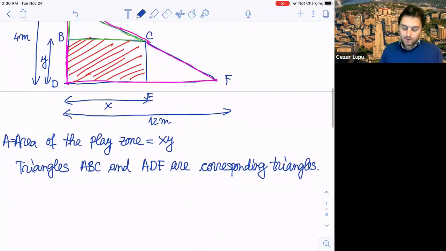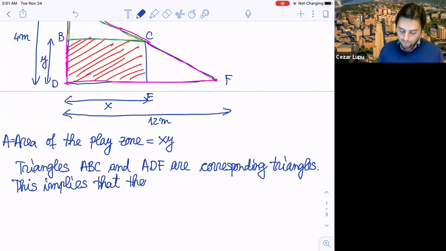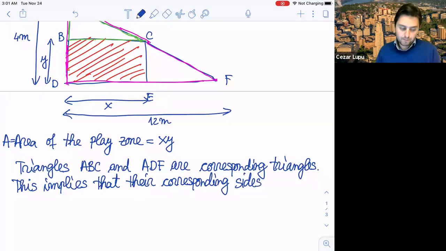Okay, great. So this implies that their corresponding sides are proportional. This is very important to know.